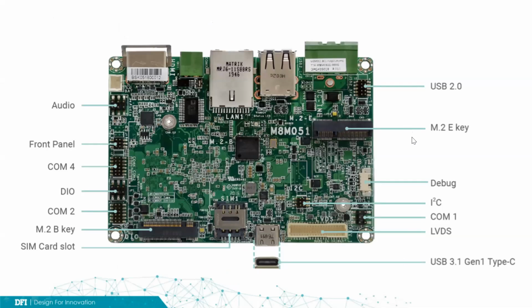So this model is quite popular right now because if DFI customers use the i.MX6 previous model, they will use this kind of SBC to check if their software can migrate to the new versions of software support.